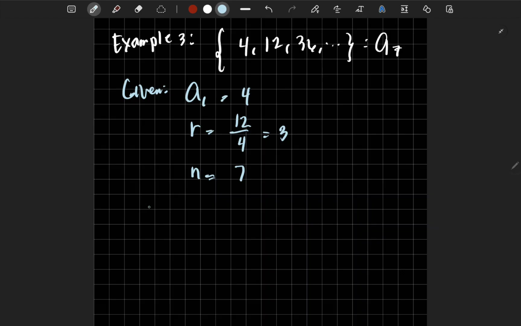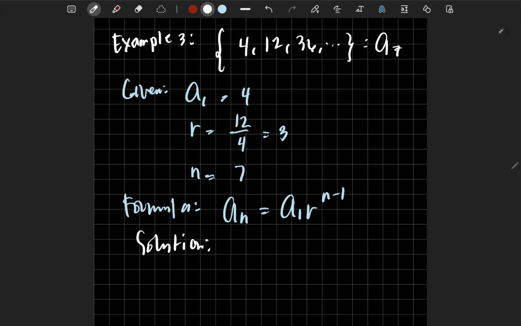Then, using the formula of a geometric sequence, a sub n is equal to the a sub 1 times the common ratio raised to n minus 1. Then after that, you just have to substitute all your given to your formula. So it is very essential that you identify first the 3 given, then after that, substituting na lang on your formula.